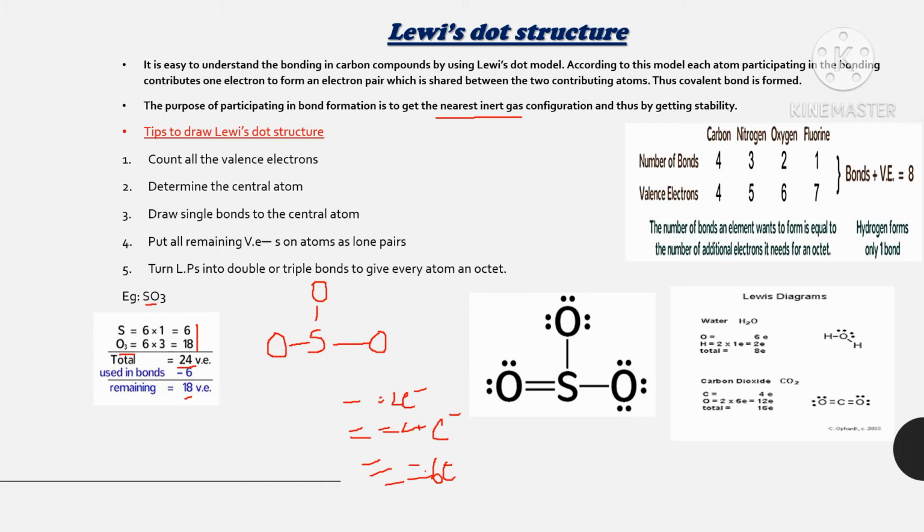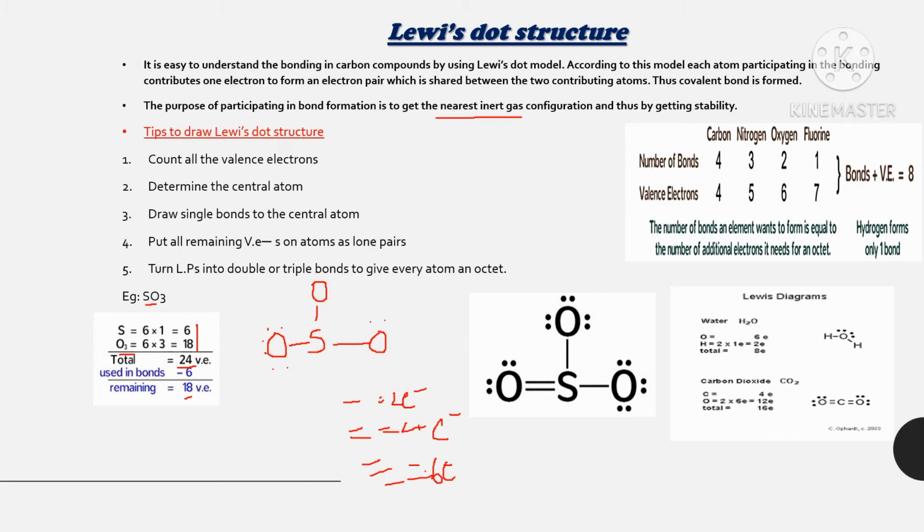Each oxygen has 6 valency electrons. On one side you put 2 dots, and 2 dots means one pair of electrons. Don't write more than 2 on one side. On another side put 1, and on this side 1, so 1, 2, 3, 4, 5, 6 on one oxygen atom.